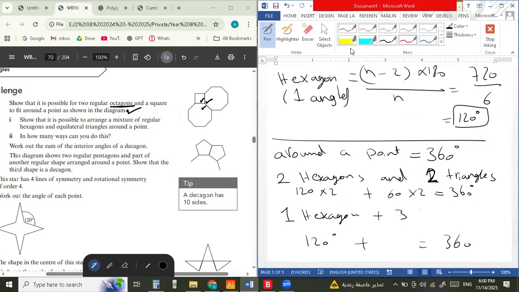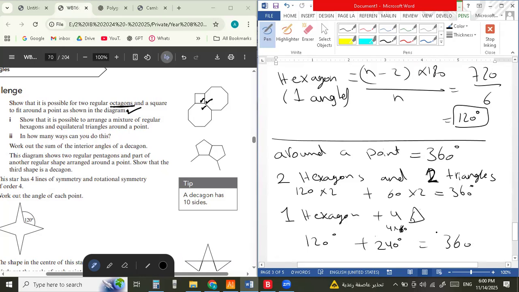So 3 triangles will not work. I need 4 triangles, which means 4 times 60, because one interior angle is 60. Each of the four triangles is 60 degrees, which adds up to 240 degrees. So 120 and 240 give me 360.